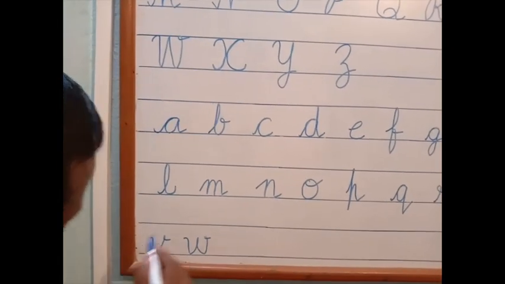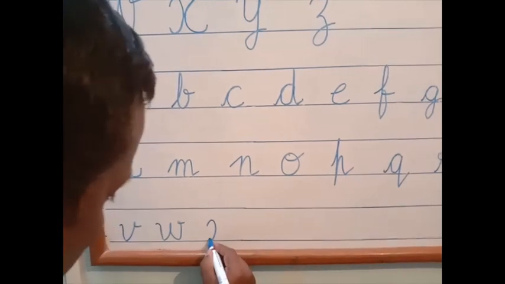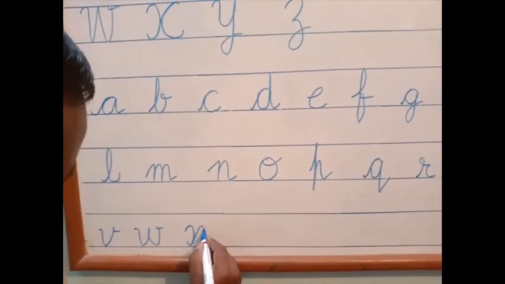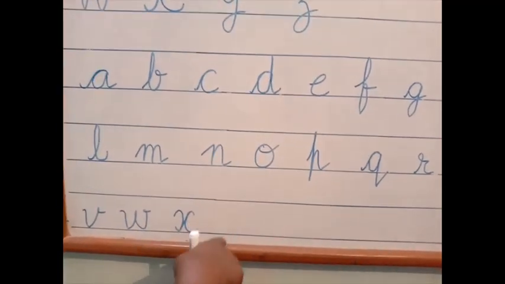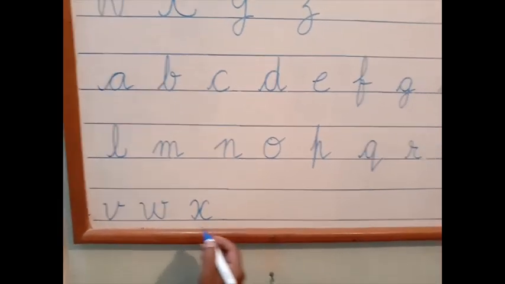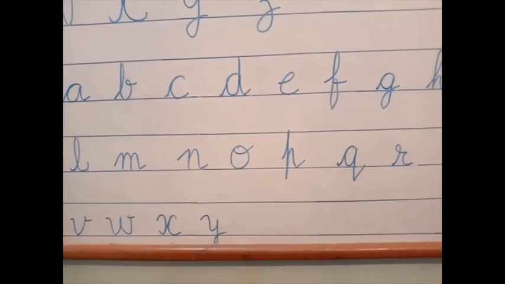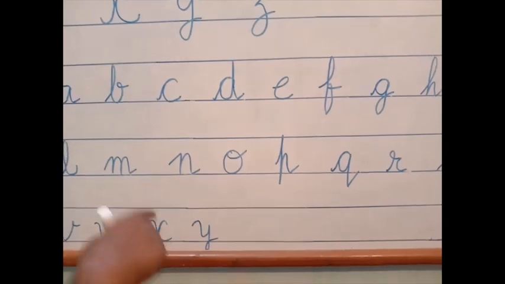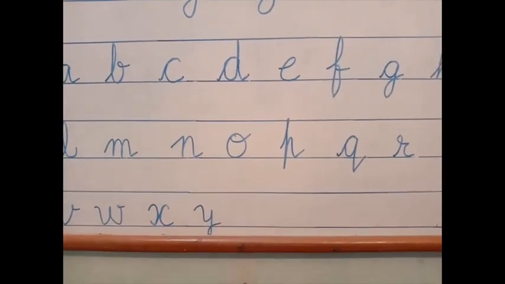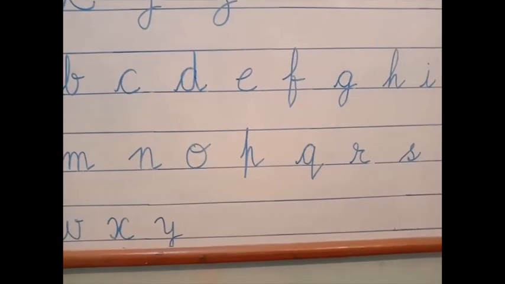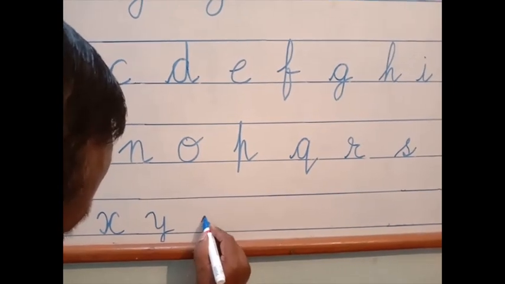Here we commit mistake. X. Y will come in the unseen fourth line. Y, but not too low, because we have to write in the next line also. Z, it will also be written in fourth line.